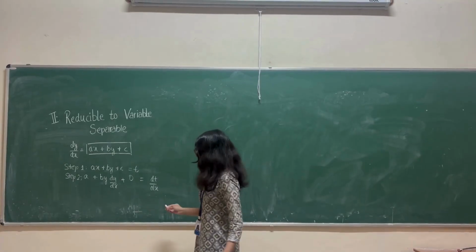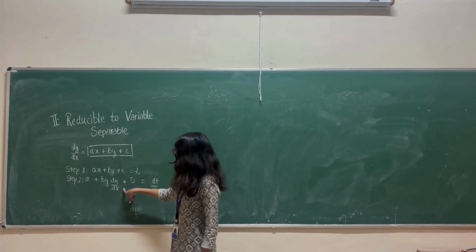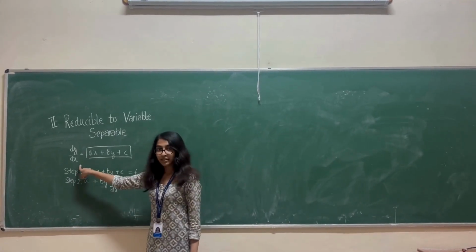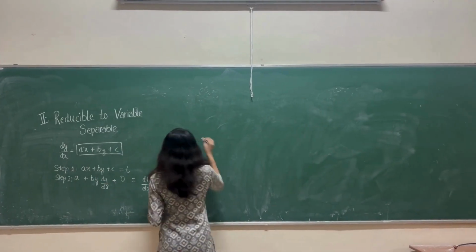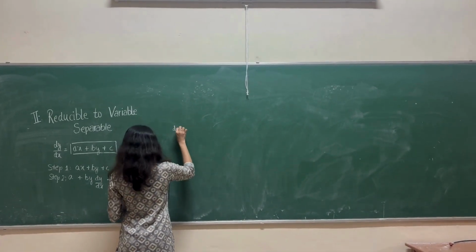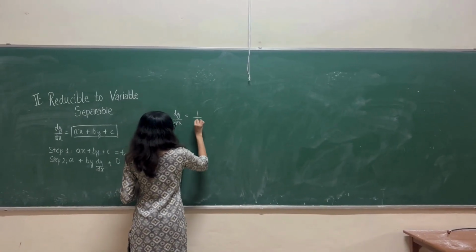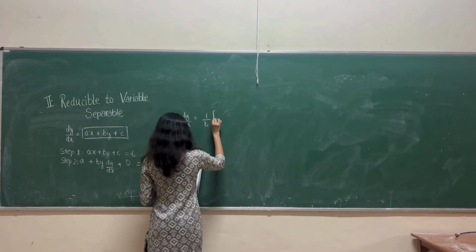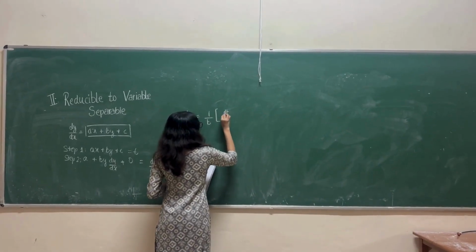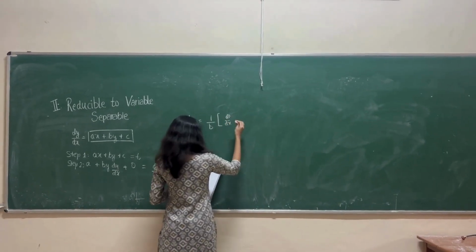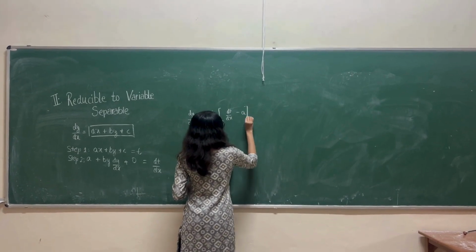So now our next goal is to get dy by dx from here so we can replace it back into this equation. So what we get will be dy by dx is equal to 1 by b into (dt by dx minus a).